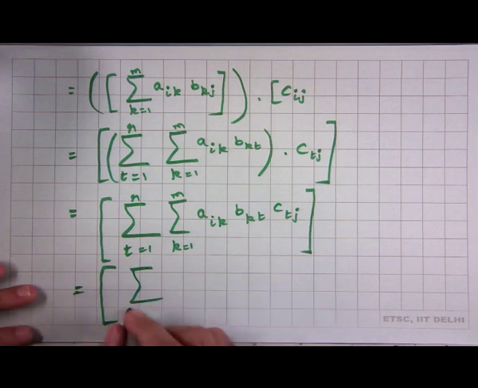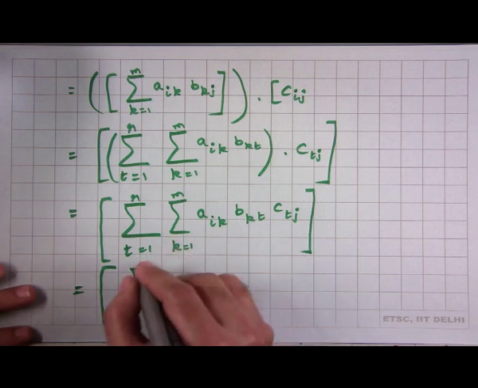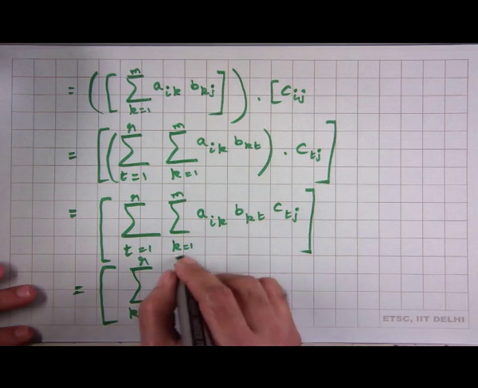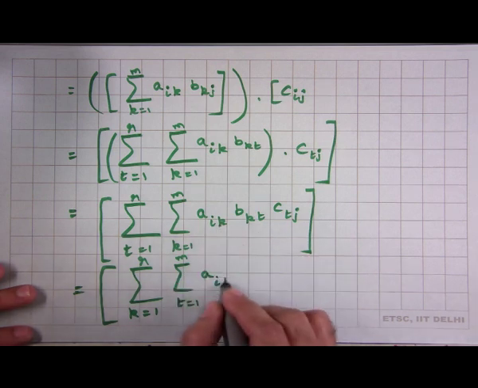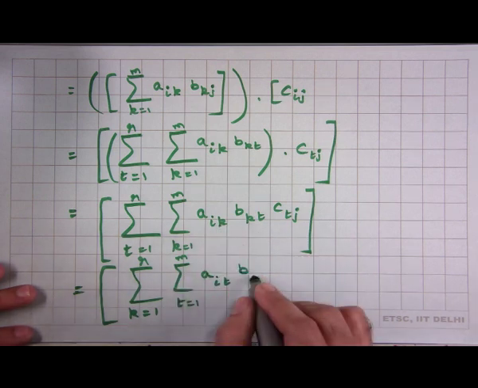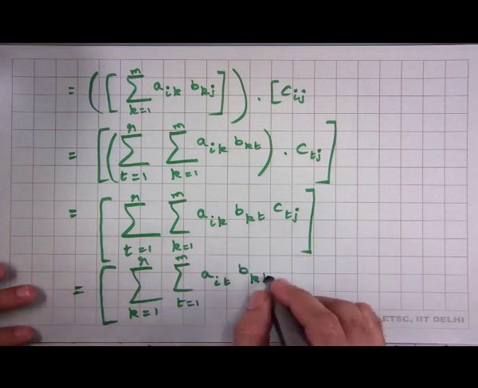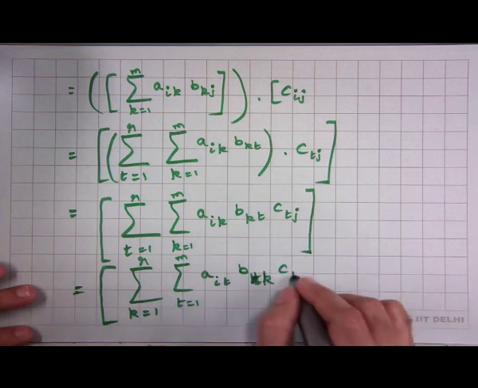So, I will just write it as replace t by k and k by t, k equal to 1 to r and t equal to 1 to m. I have replaced k by t, a_it, and t by k, b_tk, and c_kj.